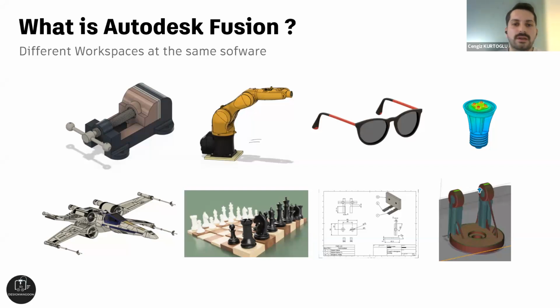Well, Autodesk Fusion as a design workspace, it all starts as design CAD modeling. You can basically use all different types of CAD tools like extrude, loft, or revolve in the solid modeling workspace, like this table vise, or another robotic arm, or different types of details in the form modeling, T-spline modeling.